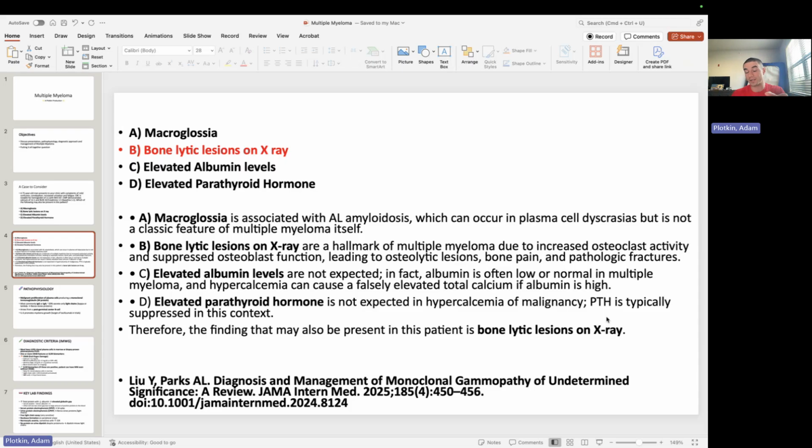It gets converted into 1,25-dihydroxyvitamin D, and that's my metabolically active form of vitamin D. That goes to the gut and it increases reabsorption of calcium. It's a steroid hormone, so it does it at the level of DNA regulation or gene transcription.